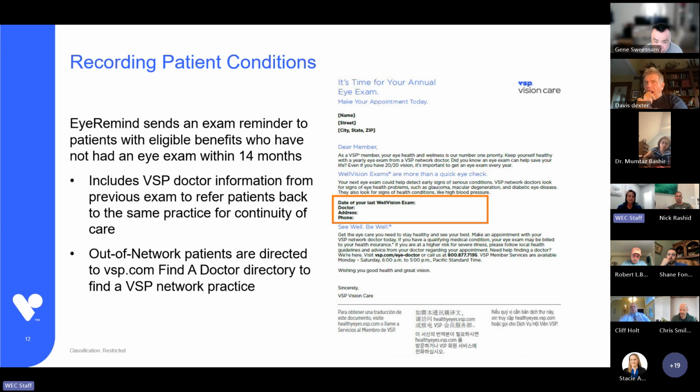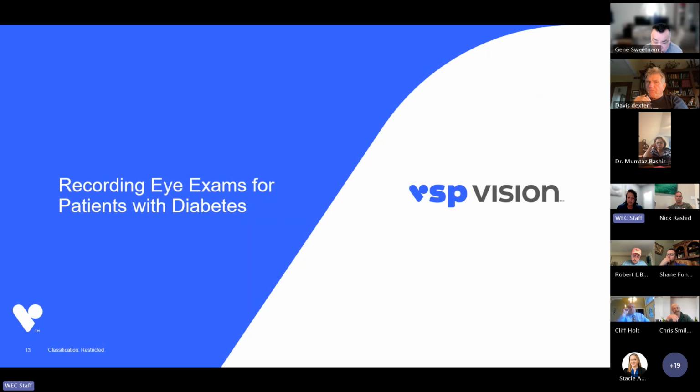So VSP is sending your patient a recall for you, and it's no charge. I think 1.2 million recalls went out last year on behalf of ODs to get those diabetic patients back in. So it's worth clicking these conditions, getting the higher payment, and making sure you're getting a backup recall system in addition to your own robust recall system.